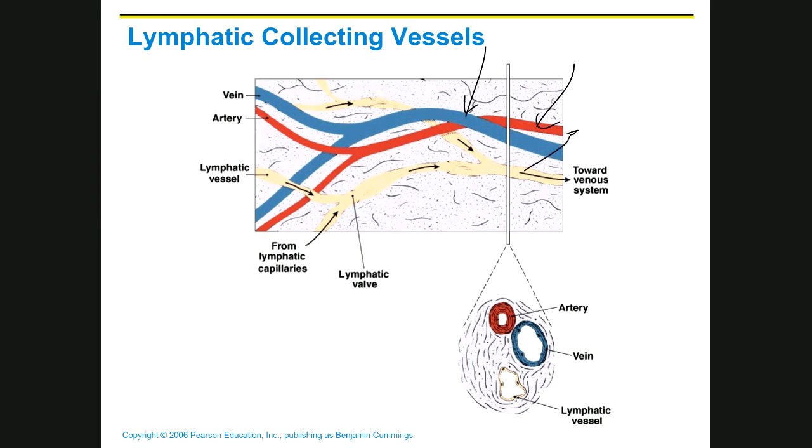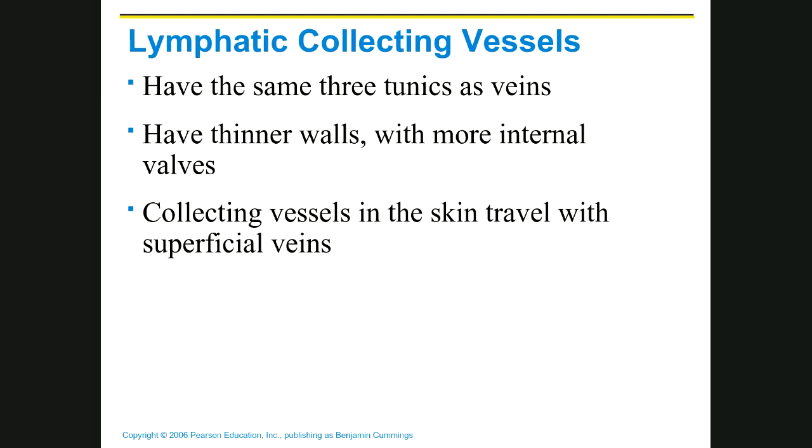Look, they all travel together. Look how thick this wall is. Here is a thinner wall. This one is even thinner. So lymphatics have very thin walls, but they still have 3 layers, 3 tunics.